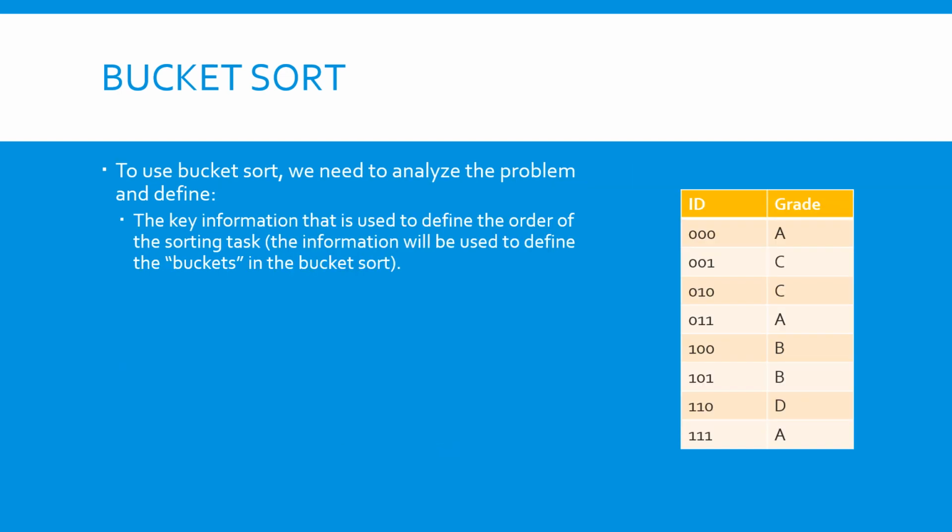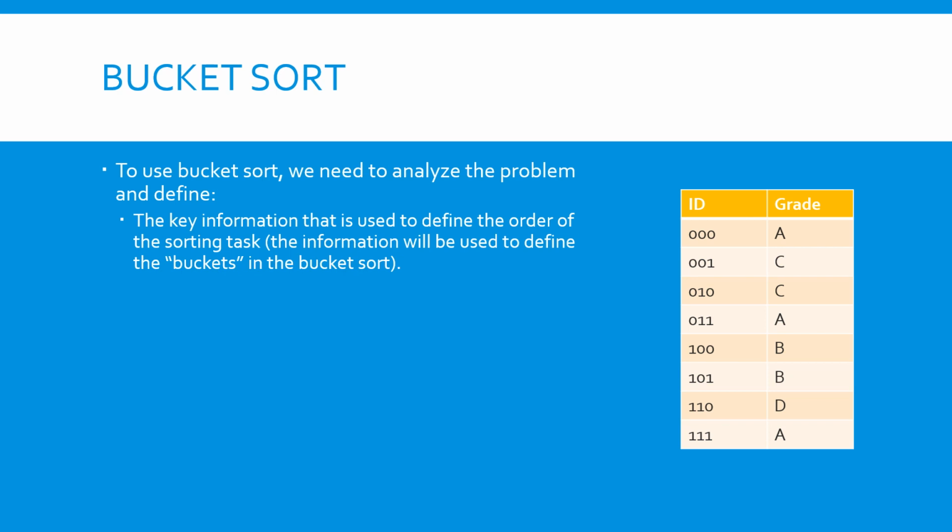Before discussing the actual algorithm, we shall describe two prerequisite steps. First, we should analyze the problem and identify the key information that is used to determine the order of the sorting task. The information will be used to define the bucket, as in the name bucket sort.